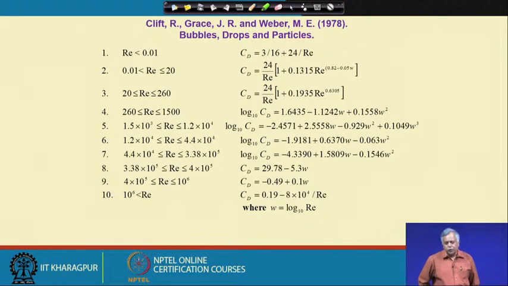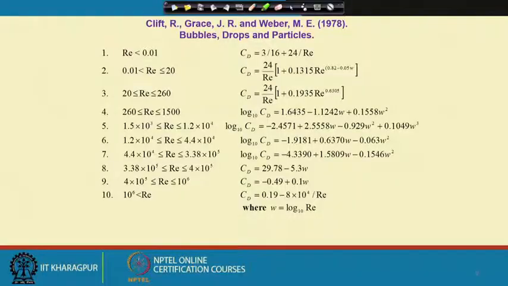Before I show you that, let me show you another one. It is not a single equation. There is a classic book on bubbles, drops and particles written by Clift, Grace and Weber. There you will find that they have proposed a set of equations, not a single equation, giving the CD and RE correlations at different Reynolds number ranges.